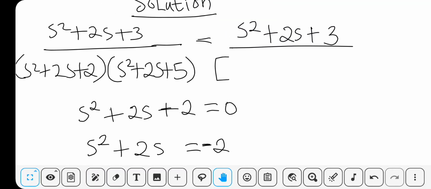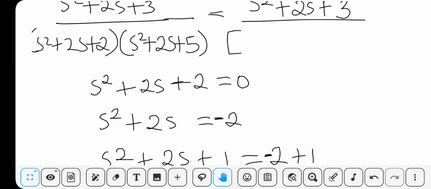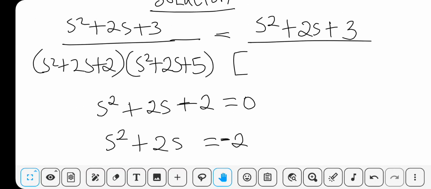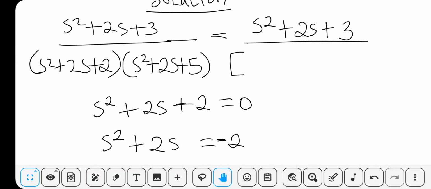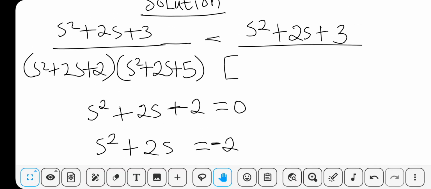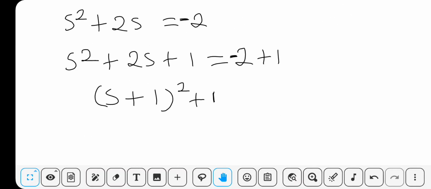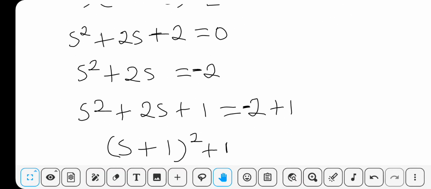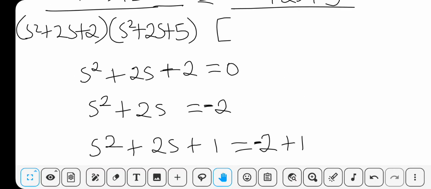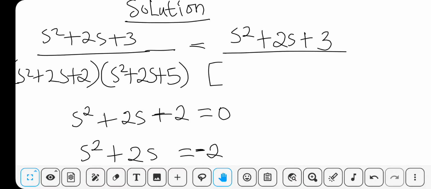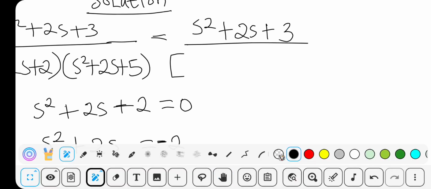You can do the same thing for the second multiplier of the denominator. So this one that we have solved for, let's substitute it. Substituting it, you have s plus 1. Anytime you are not able to factorize, just try this method.